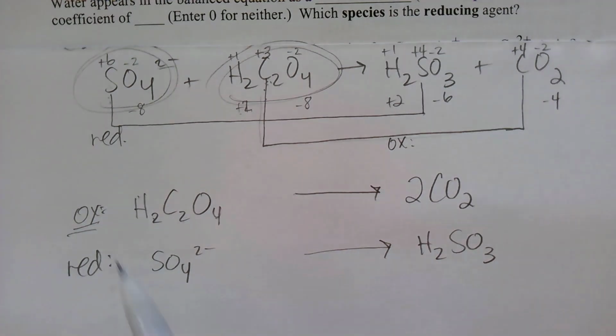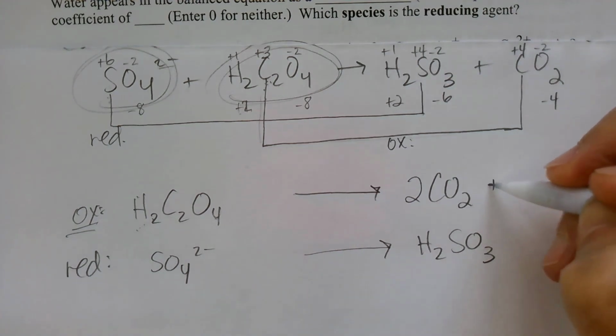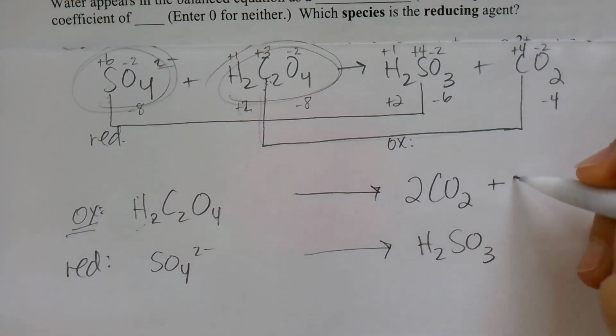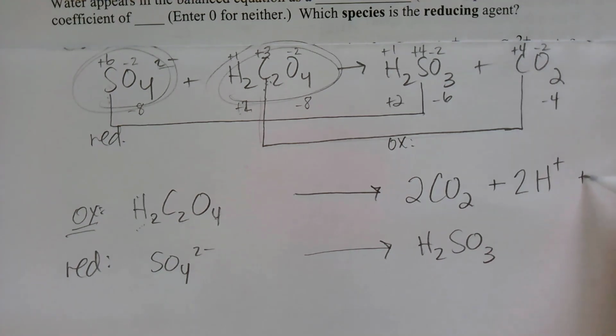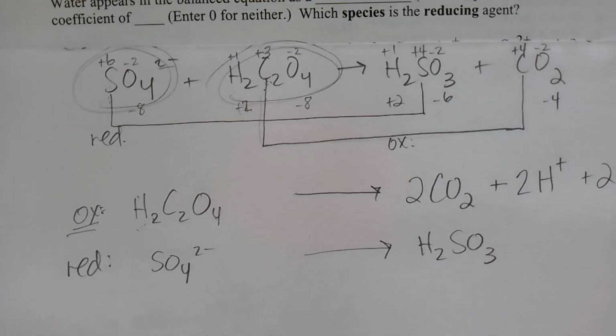Great. I have 2 hydrogens on the left, so I need more hydrogens on the right. Remember, when I need to add hydrogens, I have to add H+. Okay, so we're good there. And now I need to balance charge. I have 2 pluses on the right, so I need 2 electrons on the right. Now my charge is balanced and all elements are balanced.